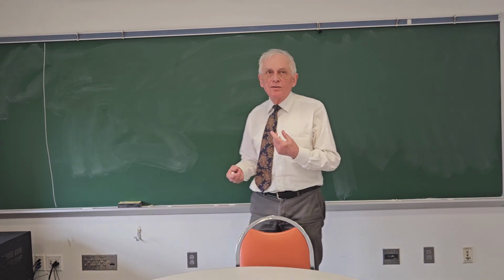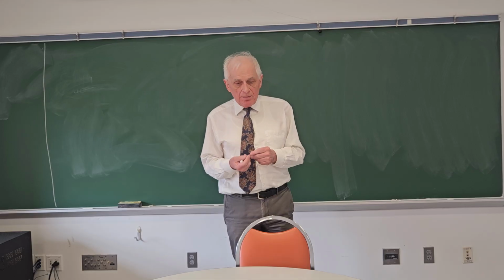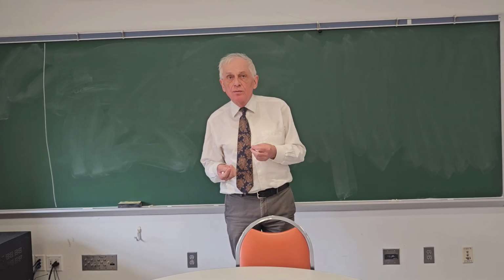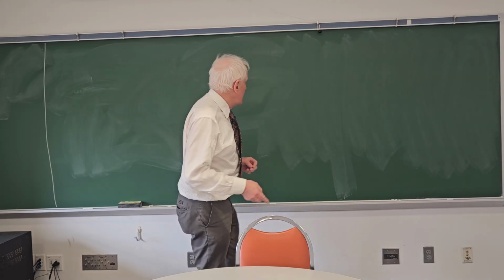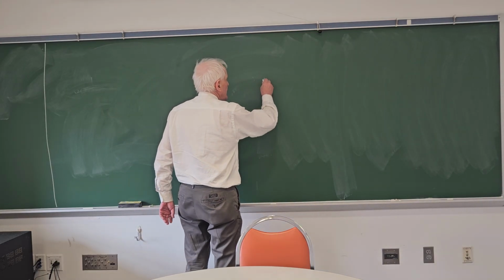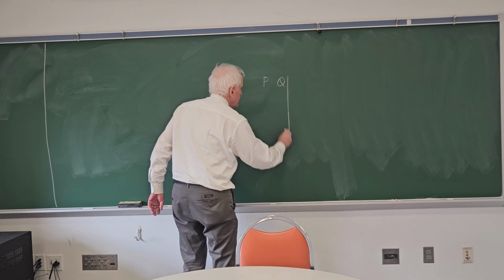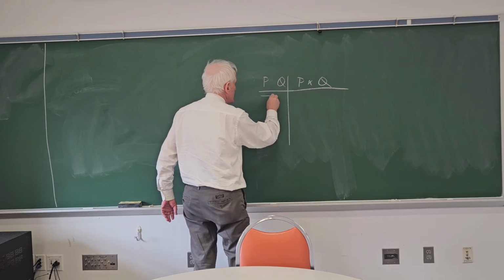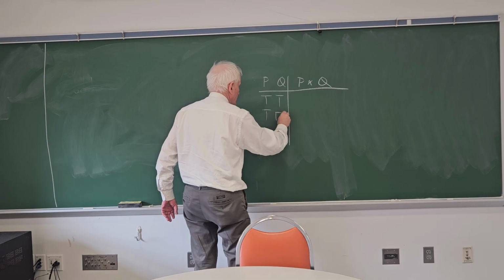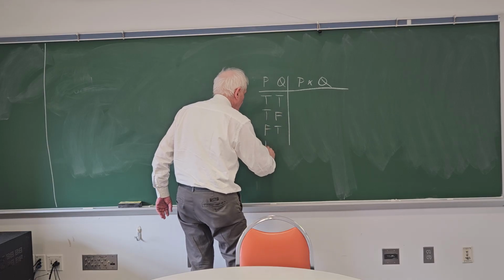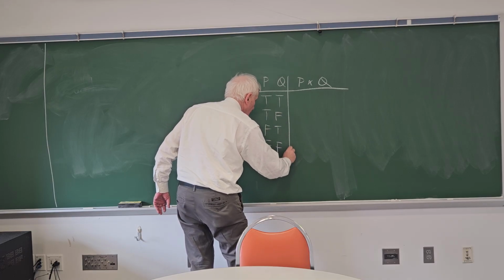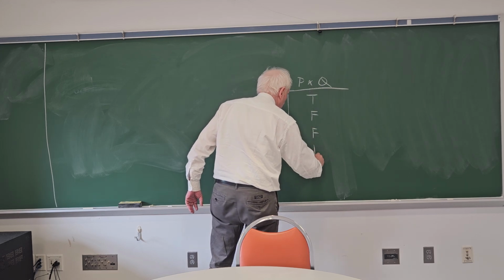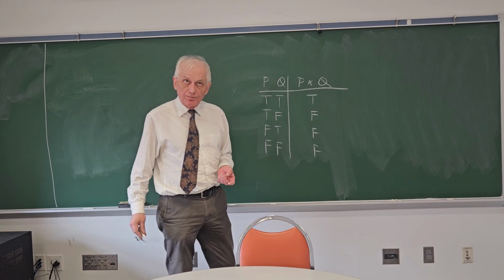I'm going to talk about the rules, the truth-preserving rules that we use in proofs relating to the conjunction. So remember the truth function for conjunction is that the conjunction is true only when both conjuncts are true, and otherwise it's false.